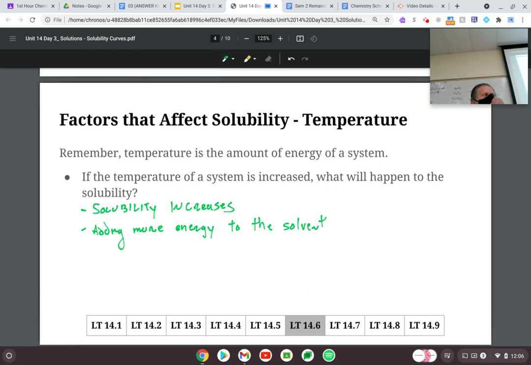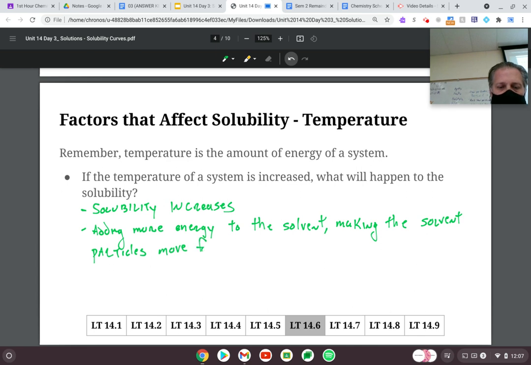And by adding more energy to the solvent, the particles are moving faster. If the solvent particles are moving faster, that means more fresh solvent is going to come into contact with the solute.